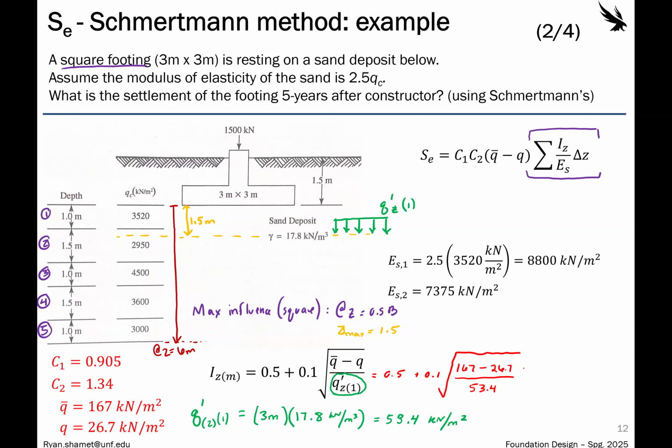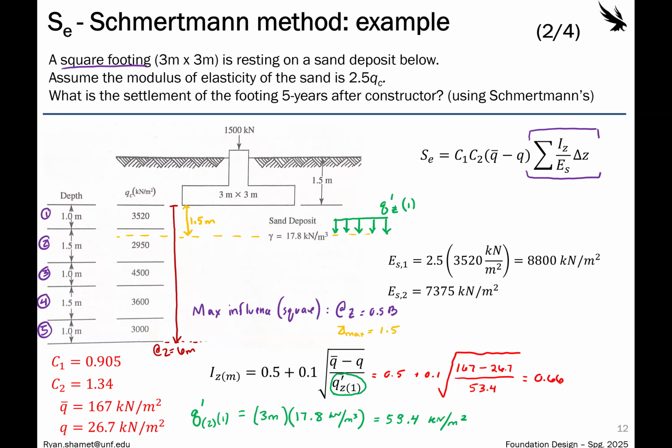And they're all in the same units, so I just took the units out. But make sure you're plugging this into your calculator, or if you're using Excel to generate this automatically, make sure you're doing it in the correct order. Take the division, then square root that, then multiply it by 0.1, then add 0.5. So this max influence value is going to be 0.66.